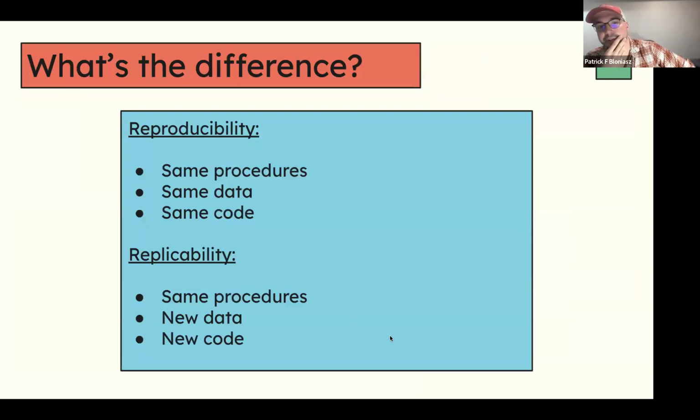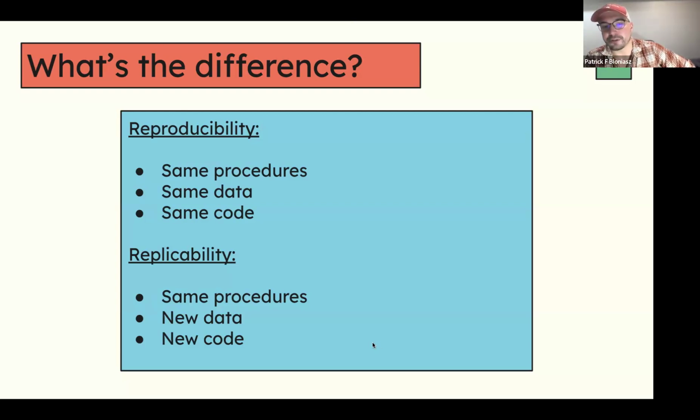Reproducibility, which is what we're going to be focusing on today, is the idea that if you use the exact same procedures, so think about statistical procedures, you have access to the same data, and you use the same code, you should get the same result. That seems like a trivial idea, but I'll try to convince you in just a second that in fact most studies, both in industry and in academia, don't meet that requirement.